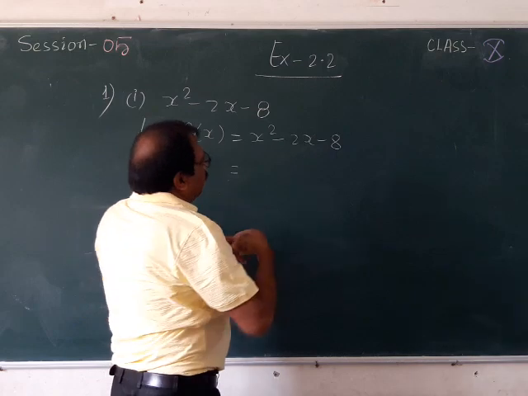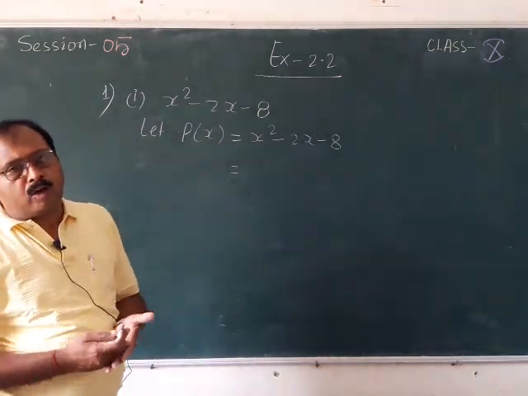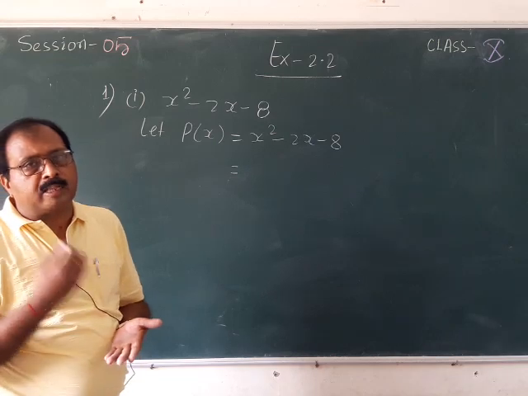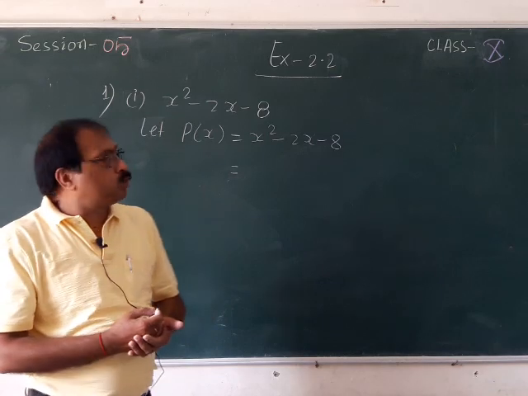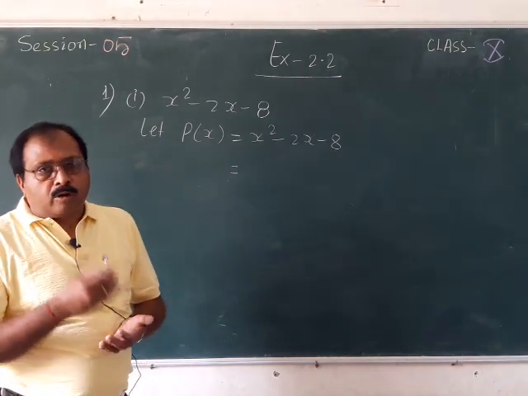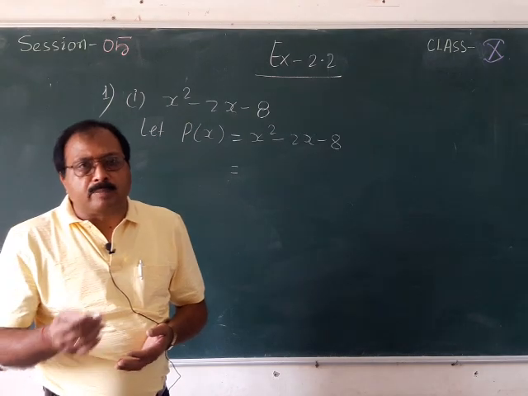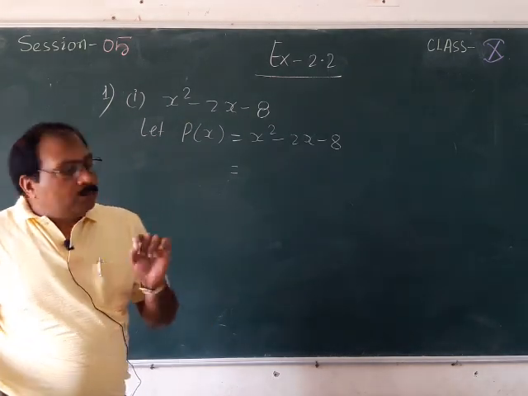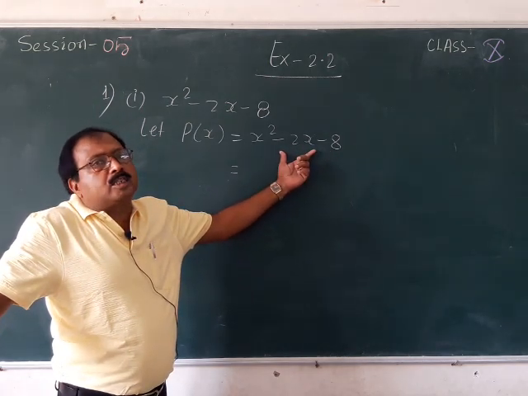Here by the middle term splitting rule, or by applying the formula (a plus b) whole square, or (a minus b) whole square, or the formula a square minus b square equal to (a plus b) into (a minus b). For this you have to check the format of the question, in which format it fits.